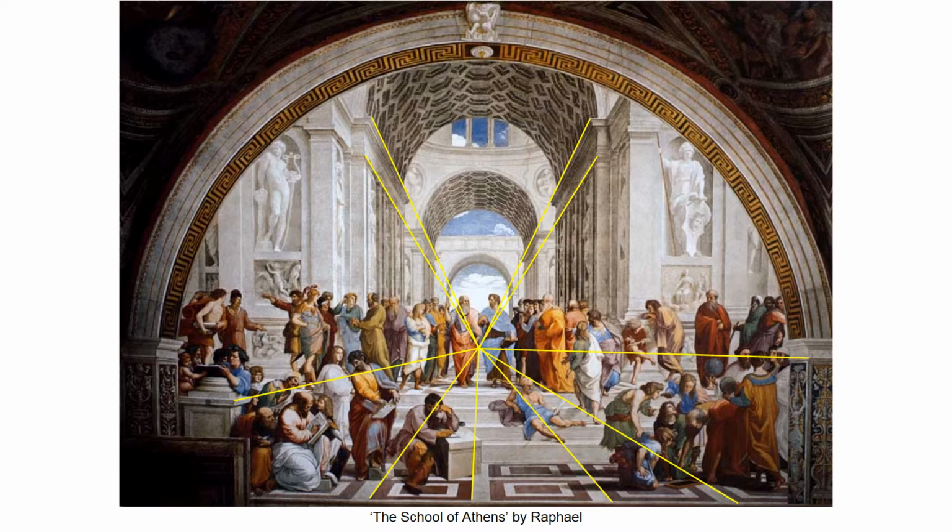When we lay in our perspective lines, you will notice that everything draws your eye immediately into the center of the drawing, where the main people he wants to draw your eye to exist.